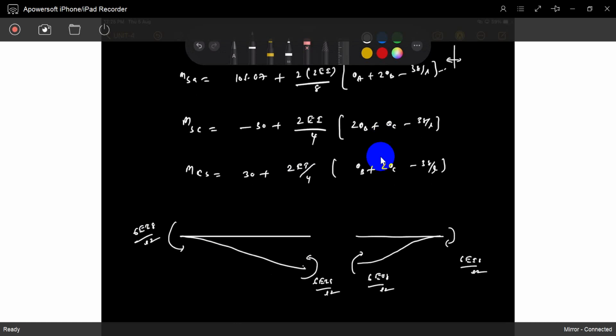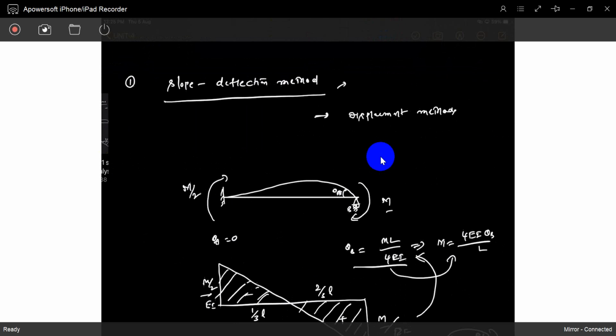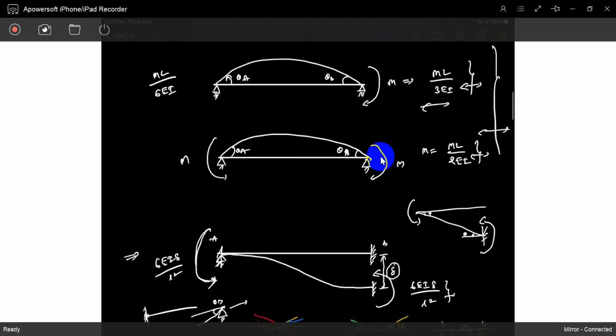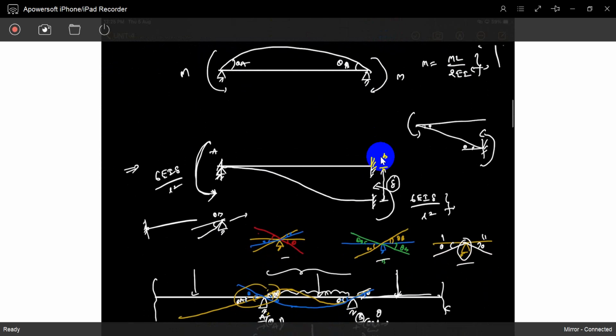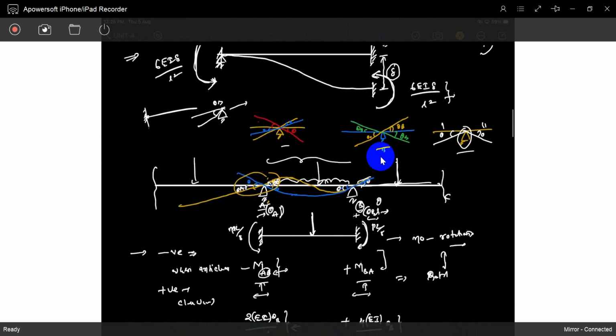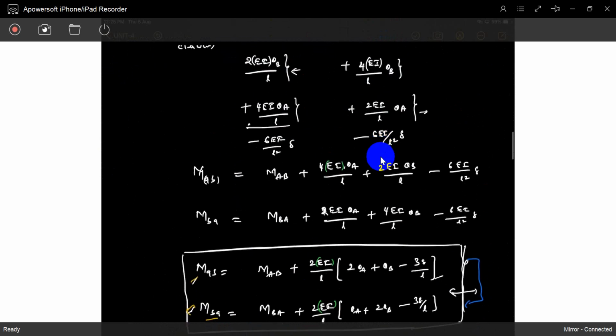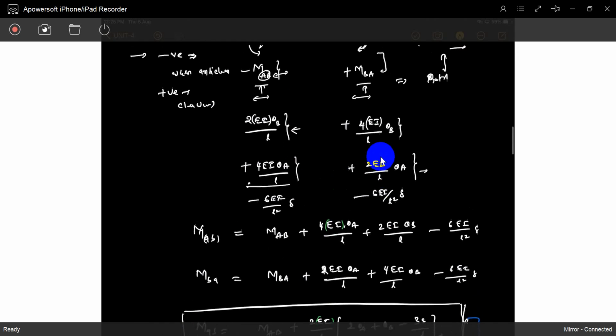When we write down the equations, last class, 6EI delta by L squared is in the opposite direction. So anticlockwise we get, that's why we write it as minus.